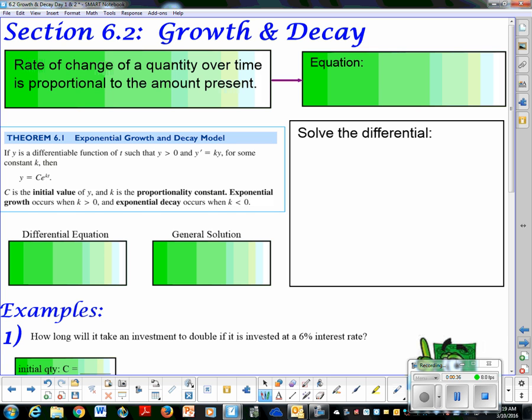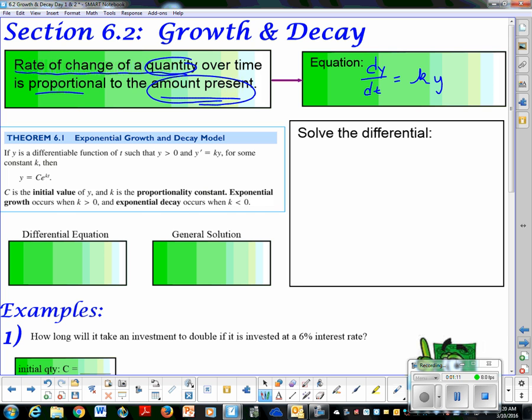So anytime you encounter a situation where the rate of change of a quantity over time is proportional to the amount present, we end up with an equation that looks like dy/dt = ky, where y is my quantity.